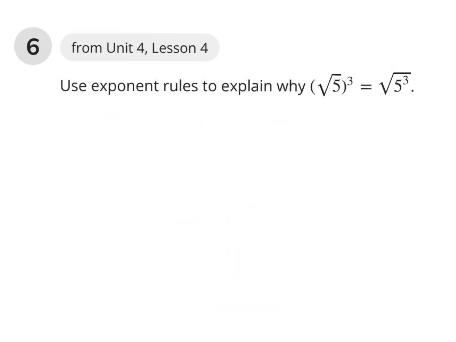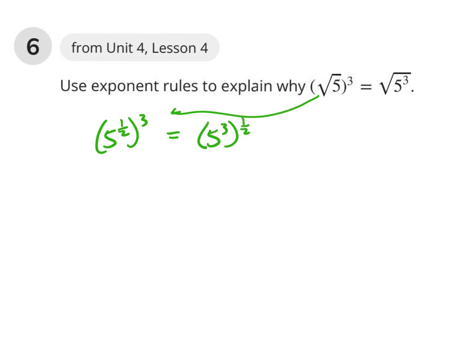Okay, let's use exponent rules to figure out why the square root of 5 cubed is equal to the square root of 5 cubed. So if I write this, the first one, as 5 to the 1/2 power cubed, why is this equal to 5 cubed to the 1/2 power?